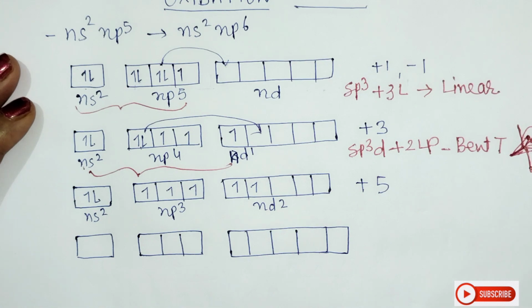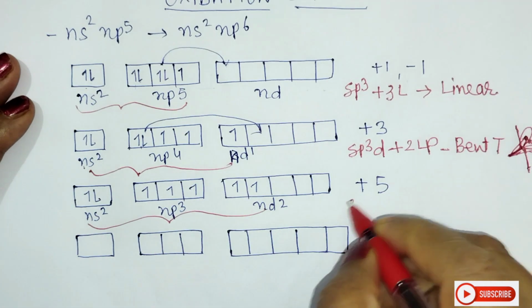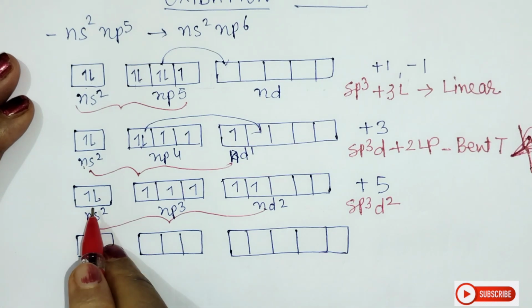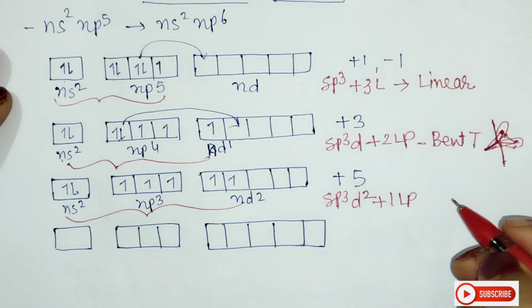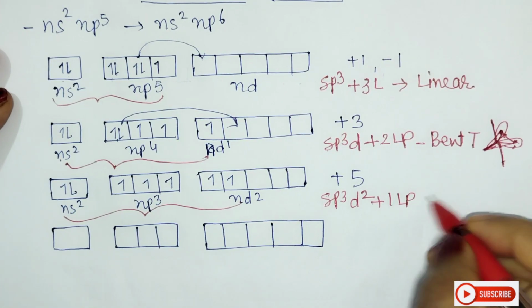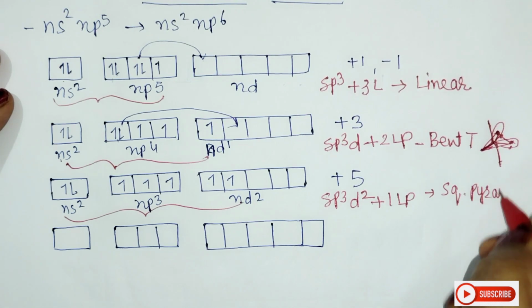Halogens exhibiting +5 oxidation state in any compound will undergo sp3d2 hybridization with 1 lone pair. So what is the expected geometry here? Octahedral, but as there is one lone pair, the geometry will be square pyramidal.